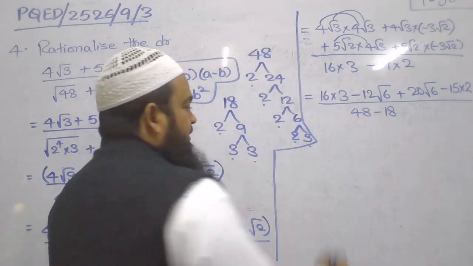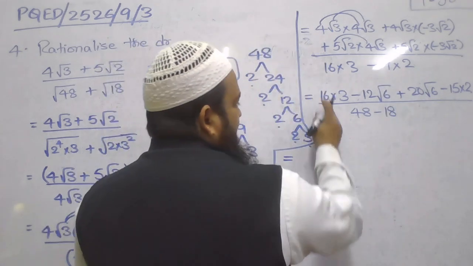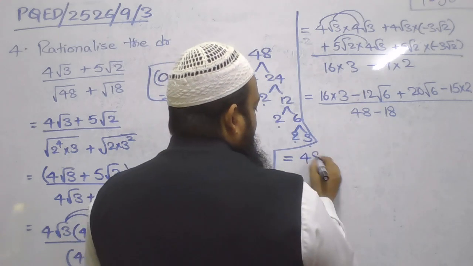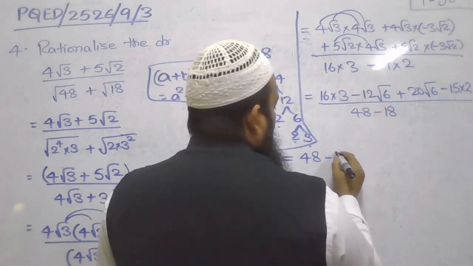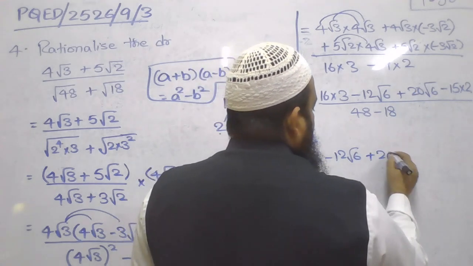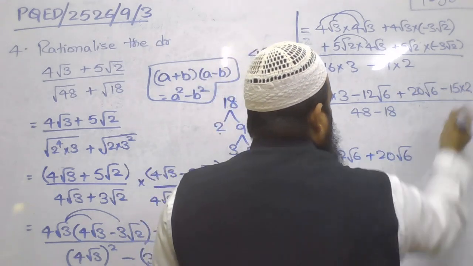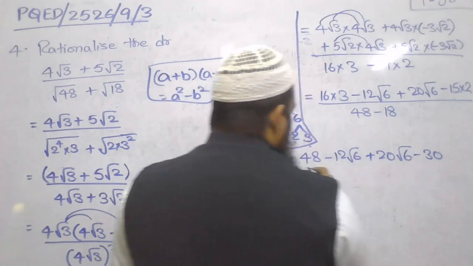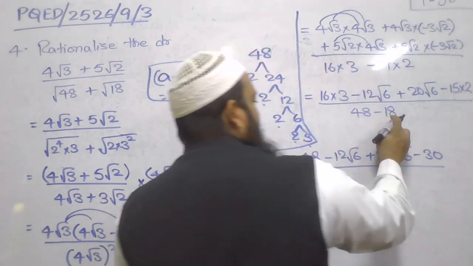Is it clear? So now that equals 16 threes are 48 minus 12 root 6 plus 20 root 6 minus 30, divided by 48 minus 18.